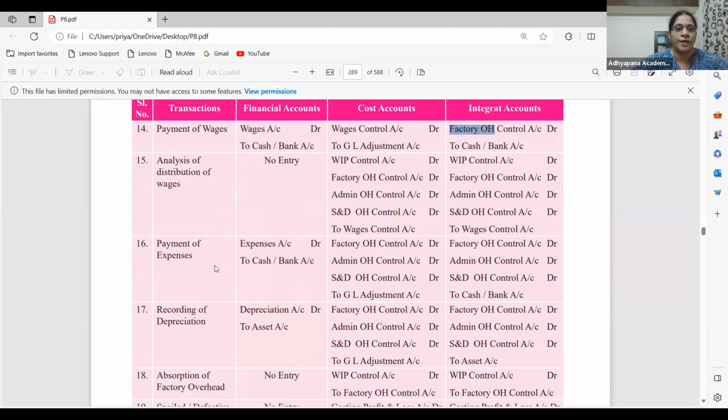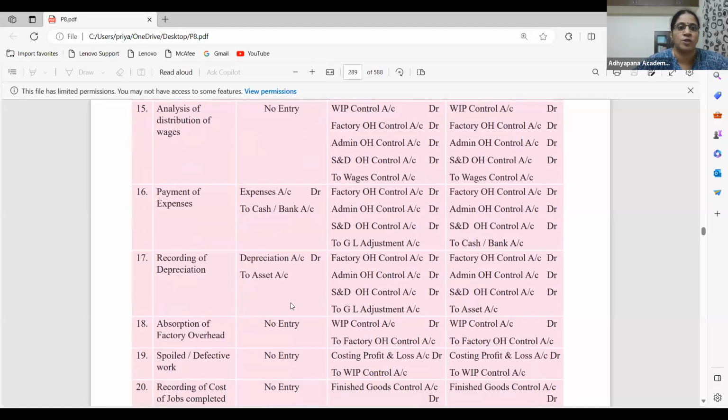Then for payment of expenses. These expenses, once paid in financial accounting, you treat them as expenses to cash. Under cost accounts, you will analyze those expenses into factory overheads, administration overheads, selling and distribution overheads to general ledger adjustment. So under integrated accounting, it will be the debit from cost accounts and the credit from financial accounts.